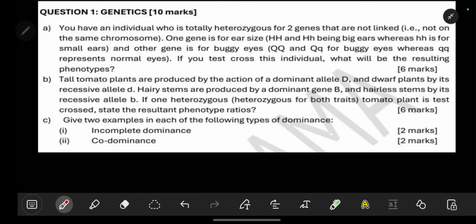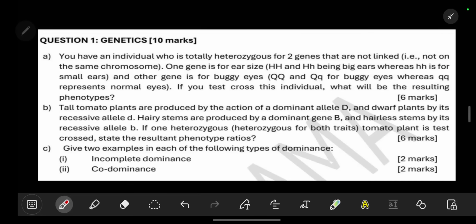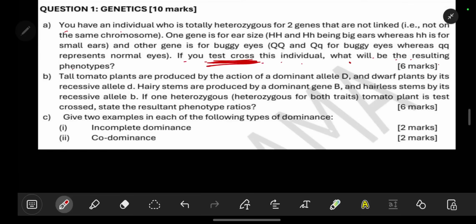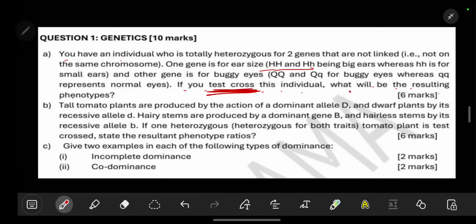So if this is what we have, you have an individual who is totally heterozygous, so this is a test cross. Now, the last part was saying that if you test cross this individual, what will be the resulting phenotype? So a test cross already requires that we have these letters.